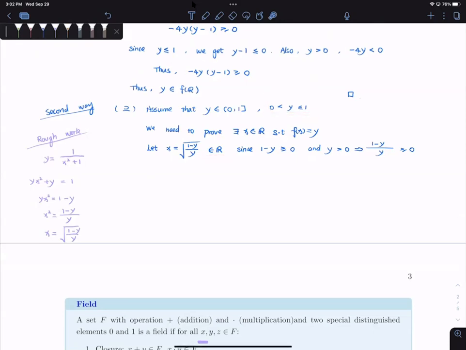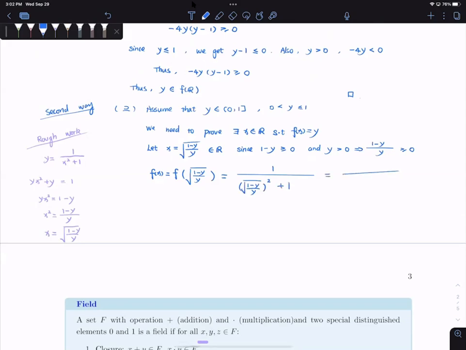Now I showed that there exists x in the reals. What I need to show now is f of x equals y. So we plug it back in. So f of x equals f of square root of 1 minus y over y. Plug it back in. That's going to be 1 over the square root of (1 minus y over y) squared plus 1.